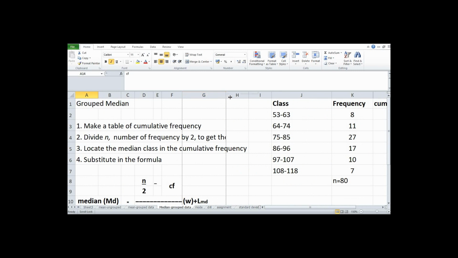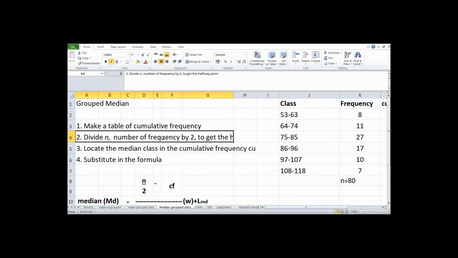Next, divide N, which is 80, the number of frequency, by 2 to get the halfway point. Since median is focused on the centermost data, we need to find the value which is at the center. So 80 divided by 2 is 40.